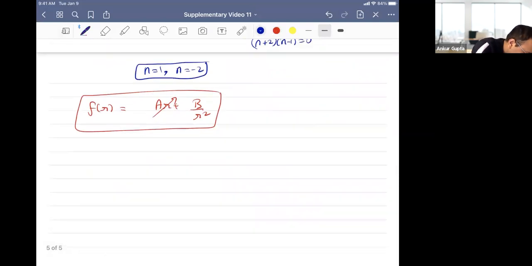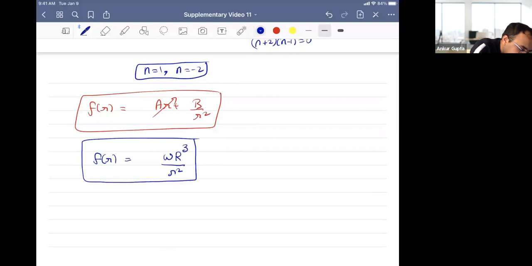And basically you can verify that this will become f of r equals omega r cubed by r squared. This is what we get, or our v phi is omega r cubed sine theta by r squared.